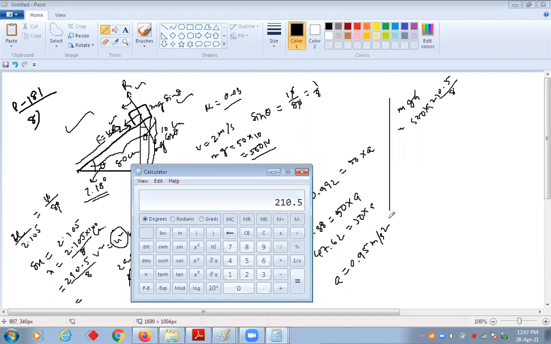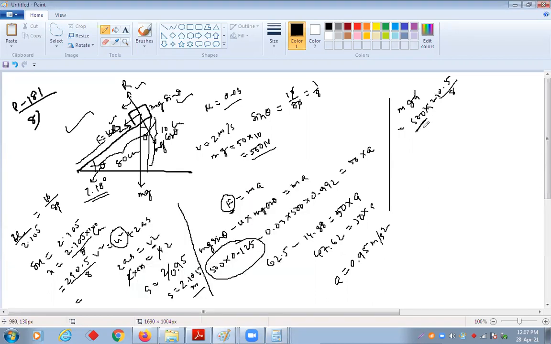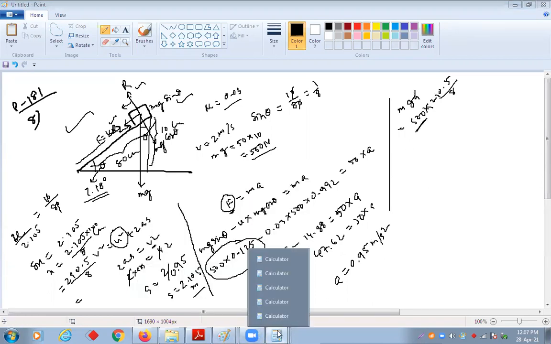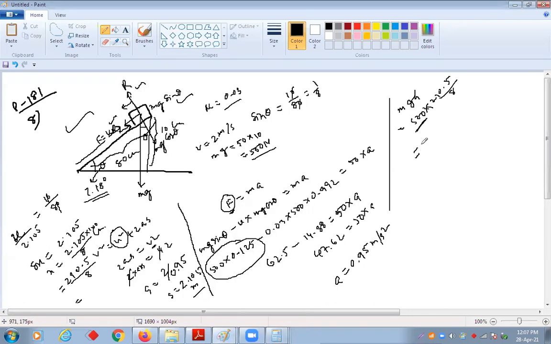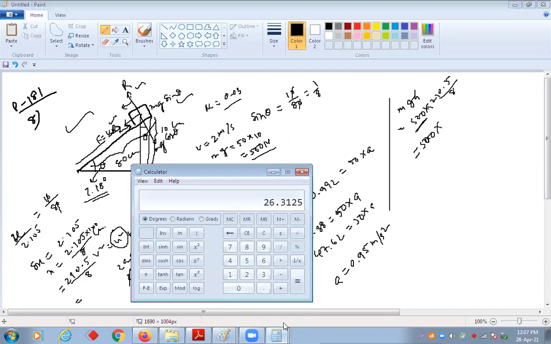This much into 500 into mg, this much centimeter. How much will we get in meter? In centimeter the value is 26.3, that means 0.26.